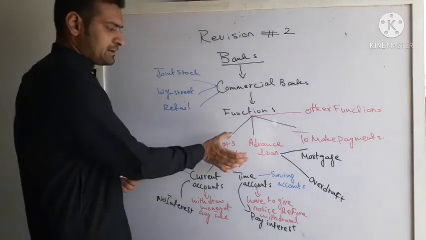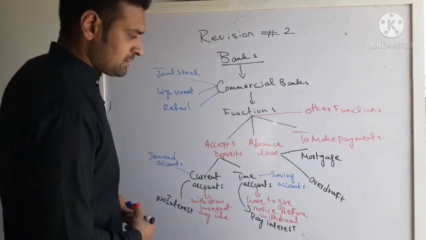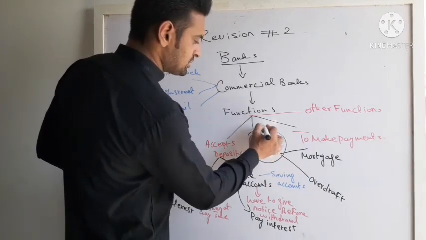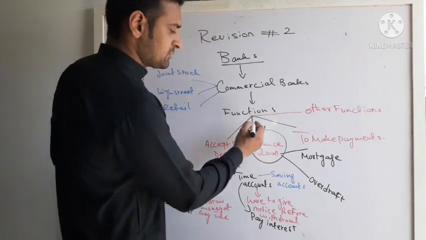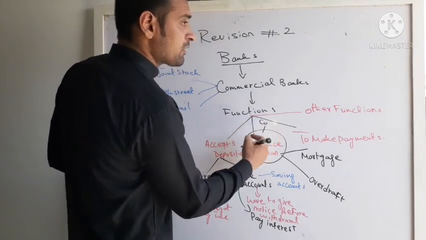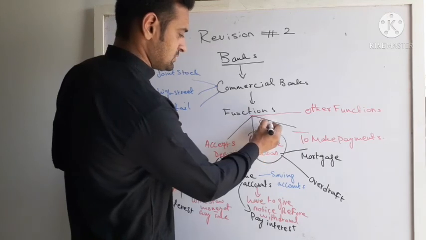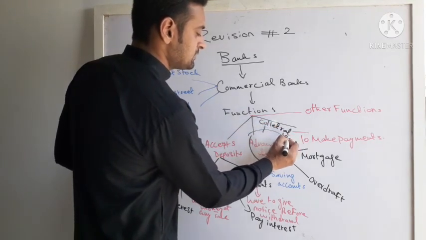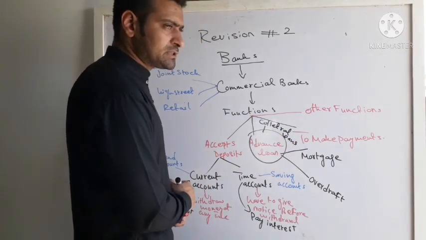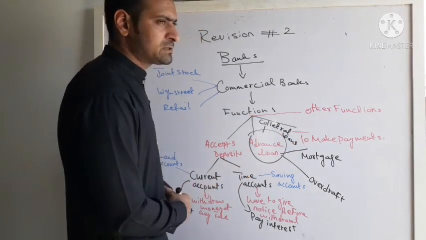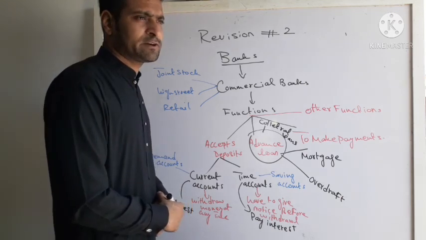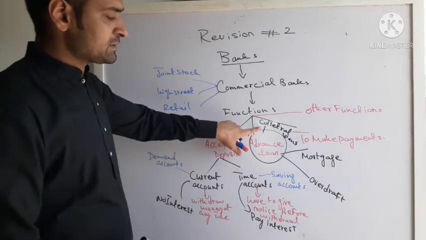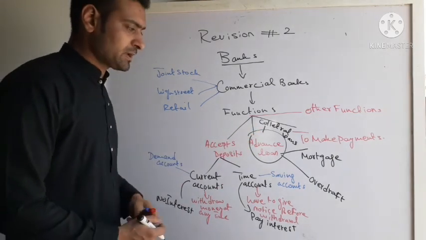When the bank takes any surety to advance loans, these are known as collateral loans. Usually for the biggest firms, just by seeing their accounts, their bank statements or their financial record, the bank grants them loans. Usually collateral loans are given to small businesses.